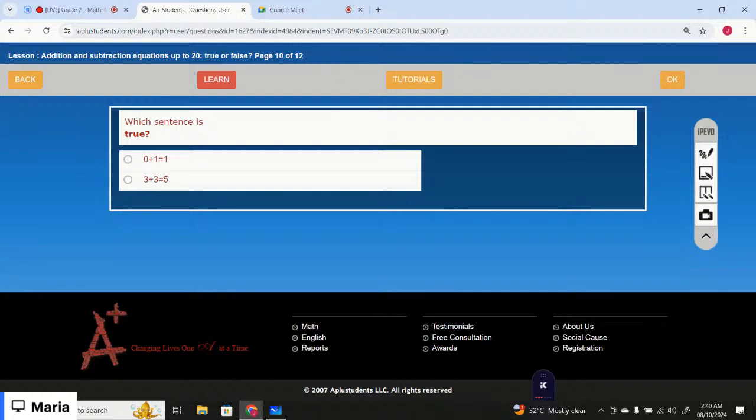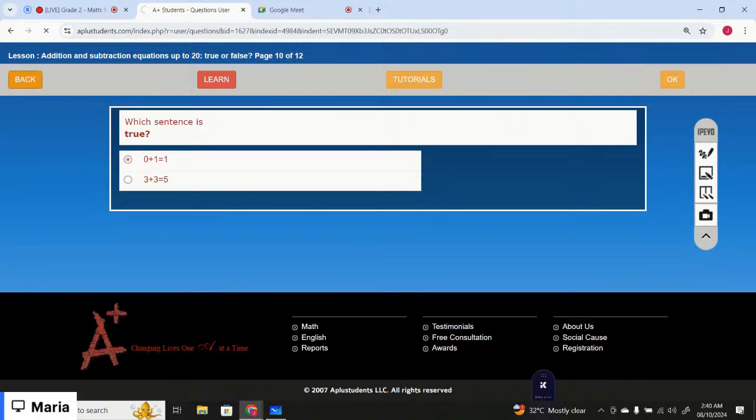Which is the correct option? Option number 1 is the correct option. 0 plus 1 equals 1. Okay, you can complete the lesson by yourself later today.